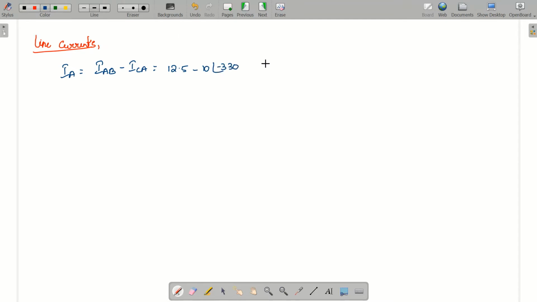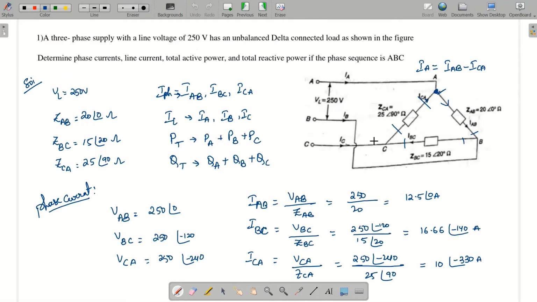So how much will you get? 6.3 at an angle of minus 52.48 amperes. Similarly, IB equals IBC minus IAB.